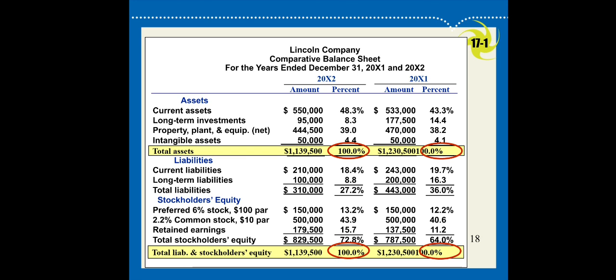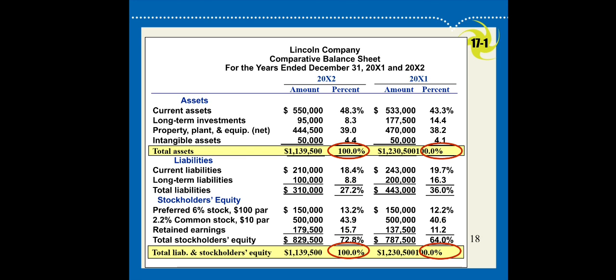The cut-off that we use in accounting is, if a business has liabilities of more than 50% of asset, then the business is not in a good financial condition.